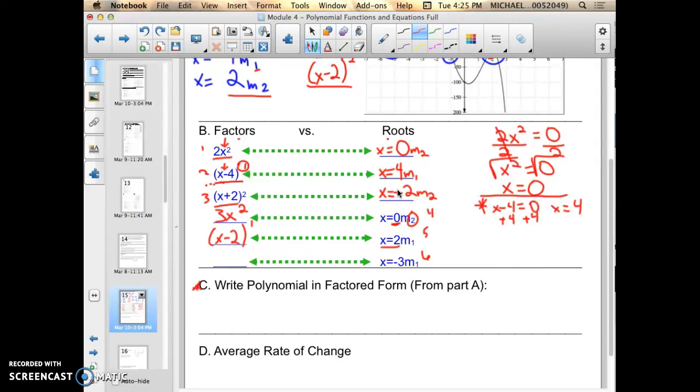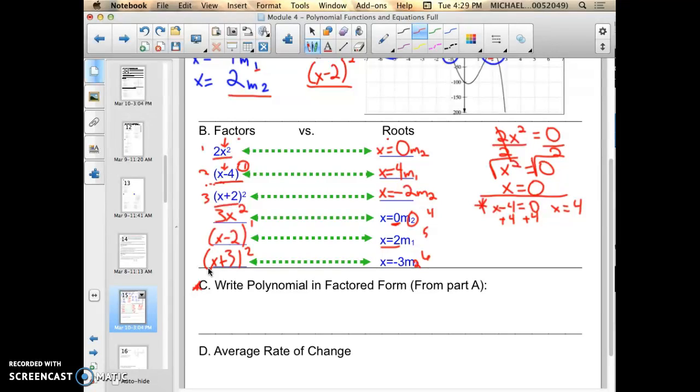And so go ahead and try the next one, and actually let's make this multiplicity of 2. So go ahead and try to give me the factored form of x equals -3 with the multiplicity 2. Pause the video and try that. Hopefully you paused the video and your answer for the factored form of x equals -3 with a multiplicity of 2 should have been (x plus 3) raised to the power of 2.